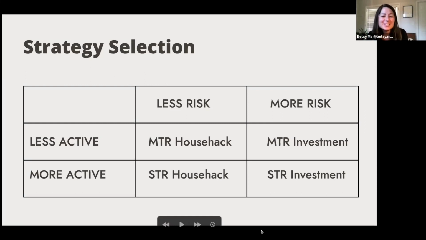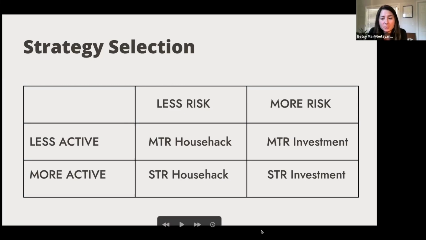So less risk, and it's also less risky because you can get in with a primary home buying loan product, which is much more affordable, interest rate and down payment wise. Less risk would also be having a midterm rental, because that's a tried and true strategy.